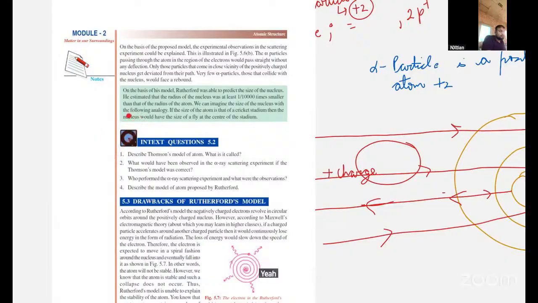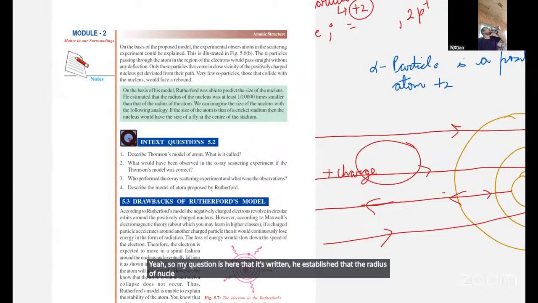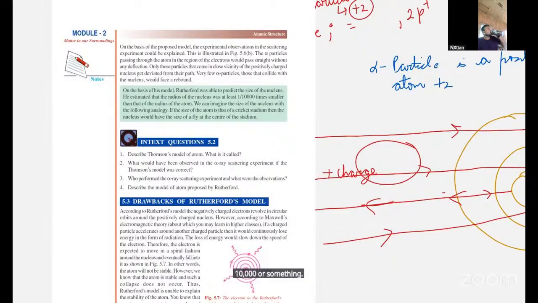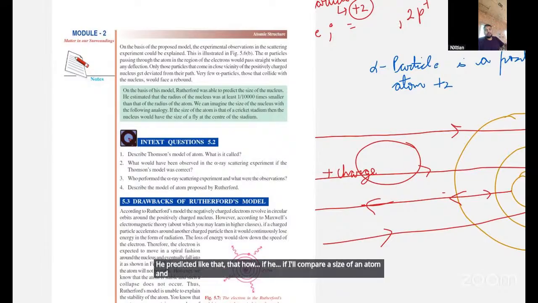My question is, it's written he established that the radius of the nucleus was at least 1 by 10,000 or something. What is this exactly? He predicted that if I compare the size of an atom and the size of a nucleus, you will get that the nucleus is 10,000 times smaller than the size of an atom.